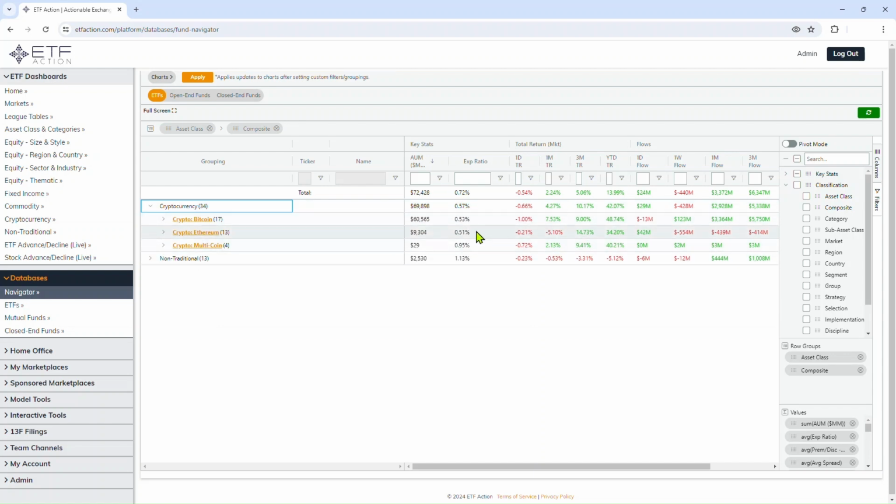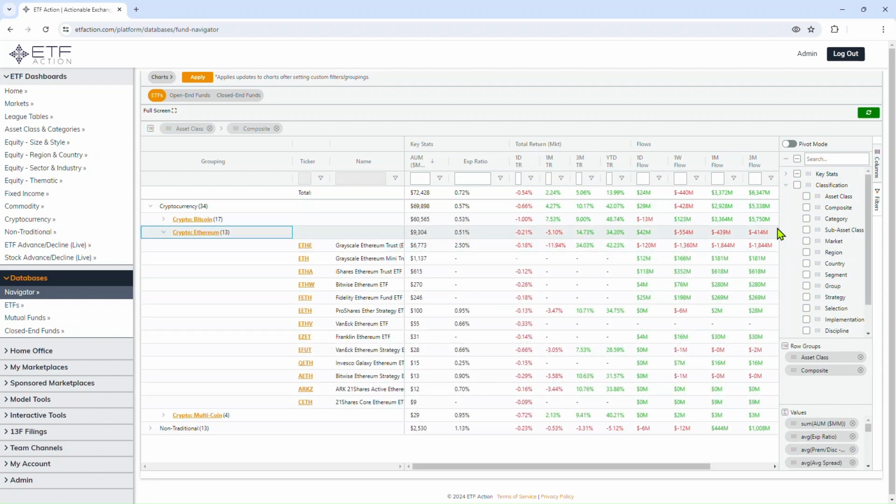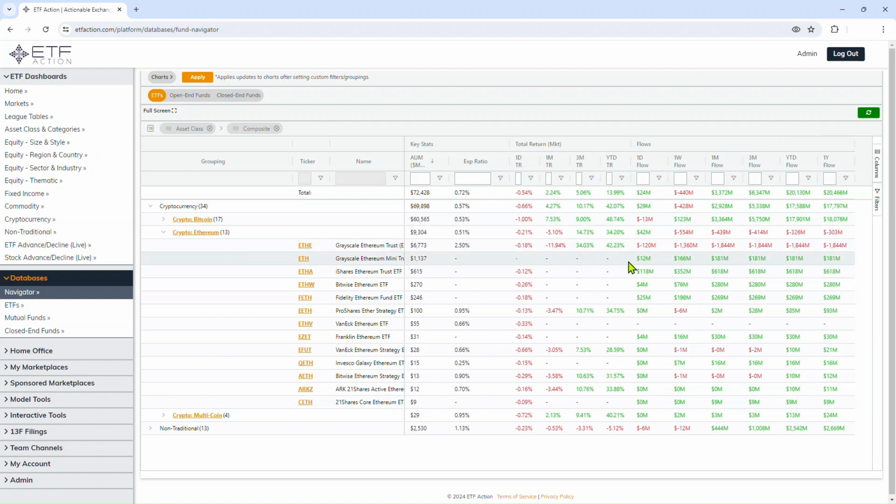If I want to zero in on that, I'm going to go into my table here and go into crypto Ethereum. And what we can see from a flows perspective on that category, on a 1 week basis, is we're negative 554 million.